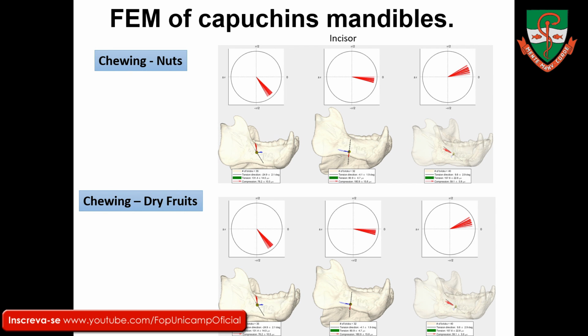And the next step, I think, was to try to change the type of fruits. We had more types of fruit, but we just used nuts and dry fruits for the monkeys.